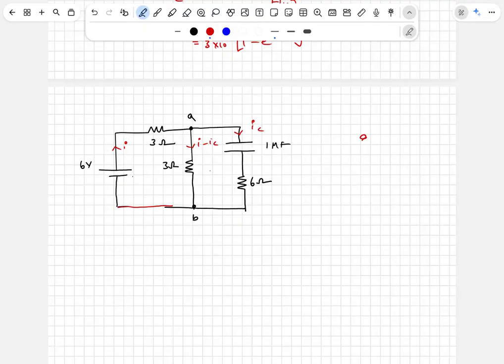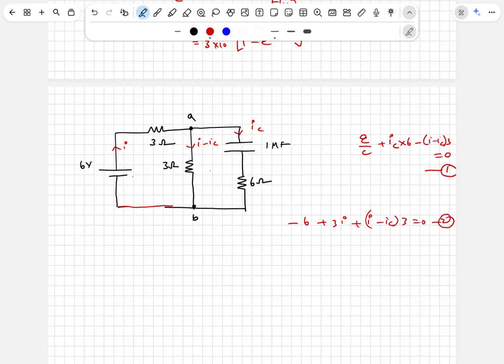So which means Q by C plus IC into 6 minus (I minus IC) into 3 is equal to 0. Equation 1. And minus 6 volts plus 3I plus (I minus IC) into 3 is equal to 0.